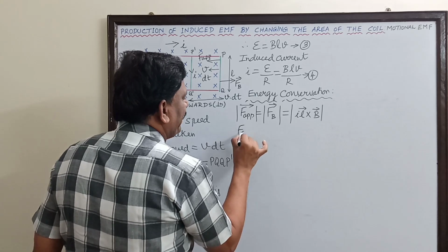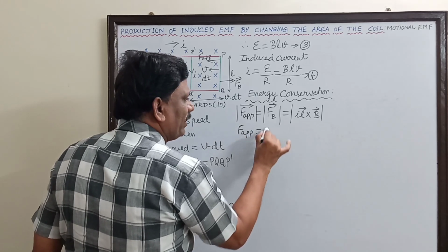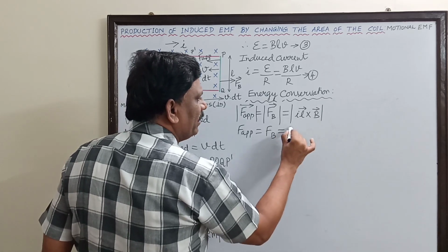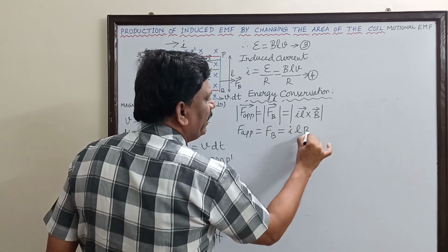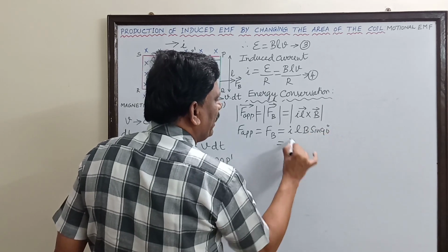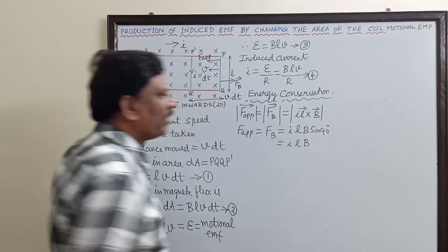Therefore, the magnitude of F applied is equal to the magnitude of F_B, that is equal to ILB sine 90, so that is equal to ILB.